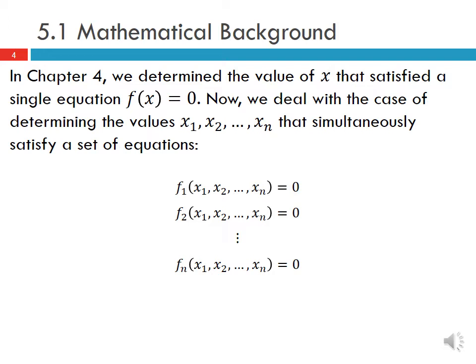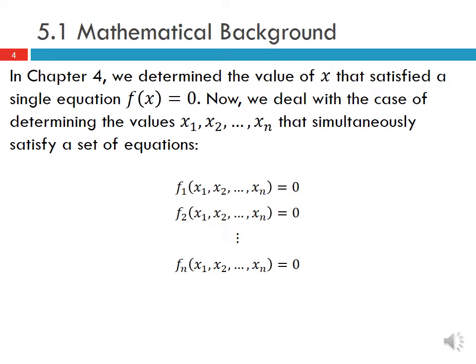So in Chapter 4, we determined the value of x that satisfied a single equation, f of x equals 0. Now we want to deal with the case of determining all of the values x1, x2, up to xn that simultaneously satisfy a set of equations.